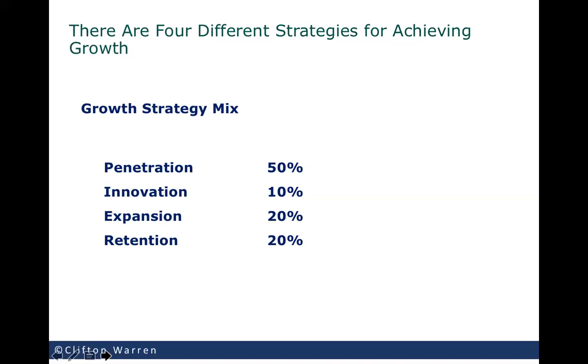And so you want to play around with the mixes, but you want to be able to accurately write down the percentages you're going to dedicate your time and resources to. So your strategy is a framework to help you guide your decision making with your business. And when you have this in writing, that makes the job so much easier.